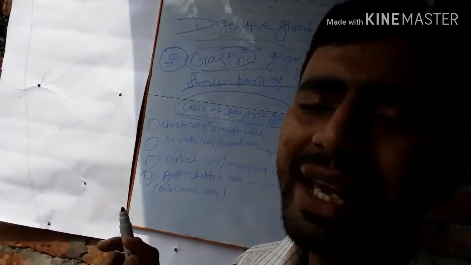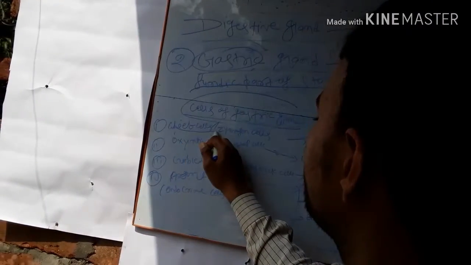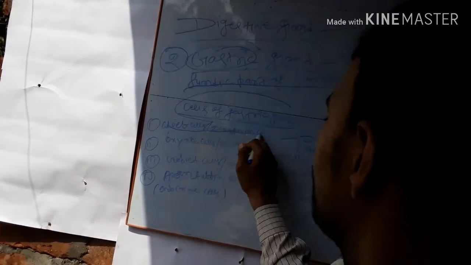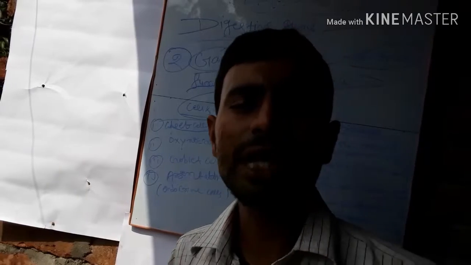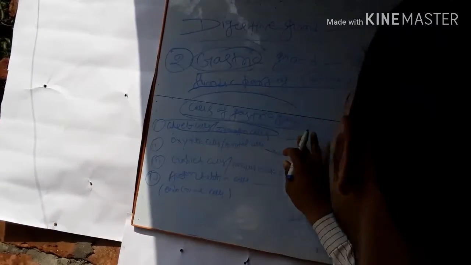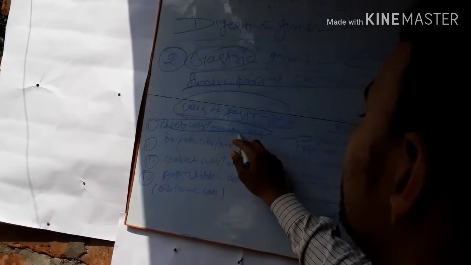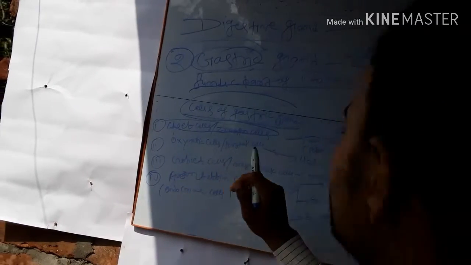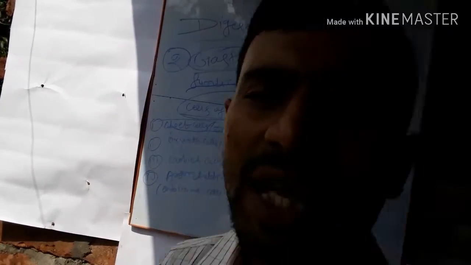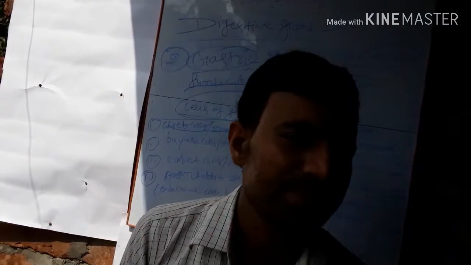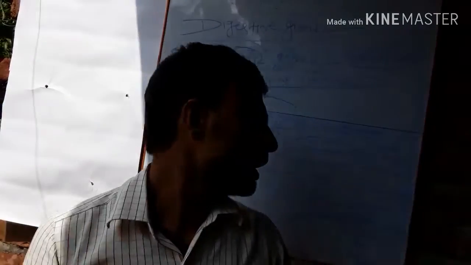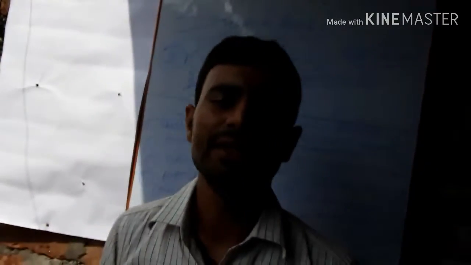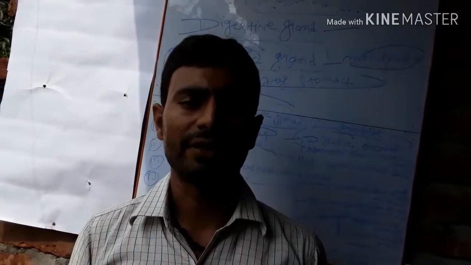Cells of the gastric gland: first are the chief cells, also called zymogen cells. Their product is digestive enzymes: pepsinogen, prorenin and gastric lipase.